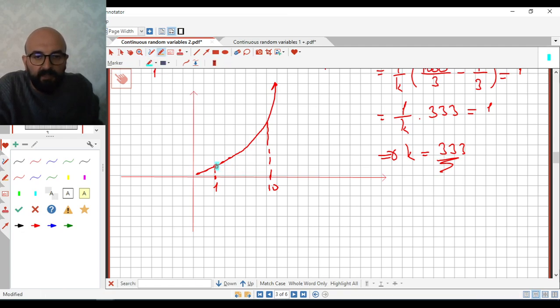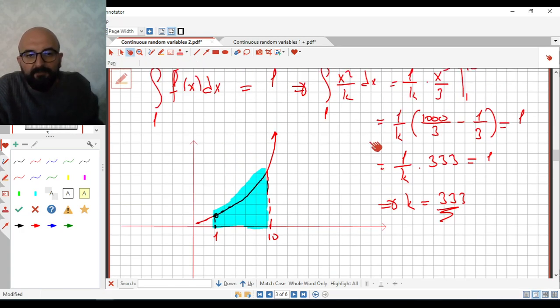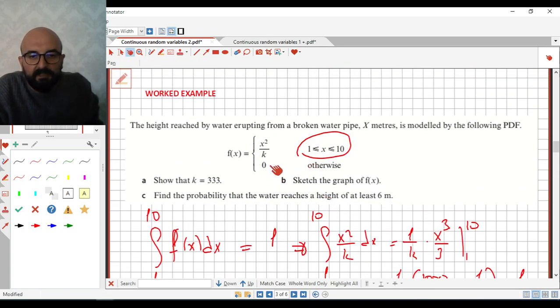Okay, now this graph is related to f(x), they give us the formula.